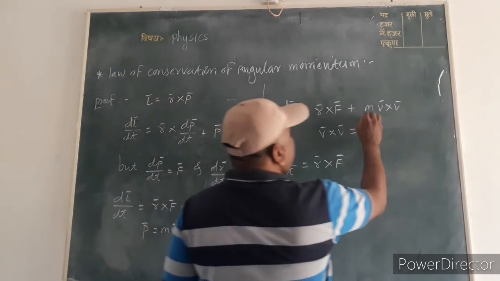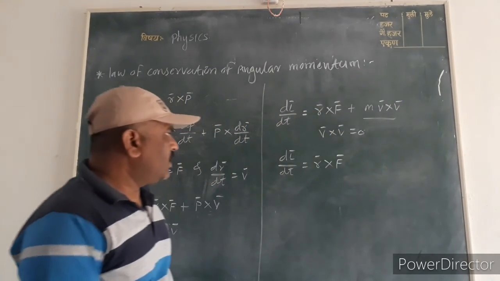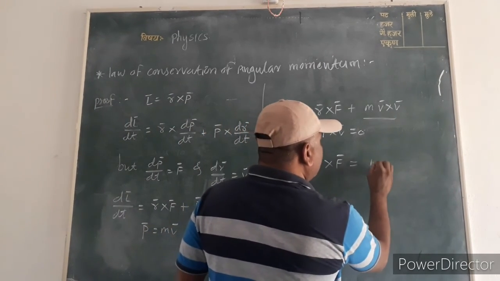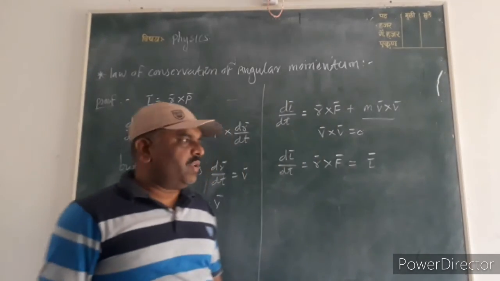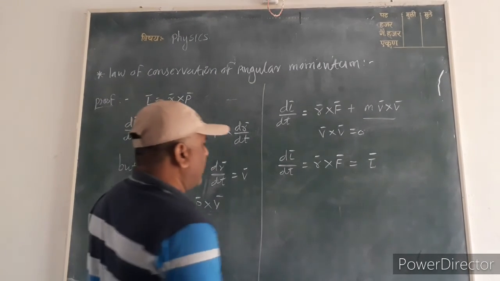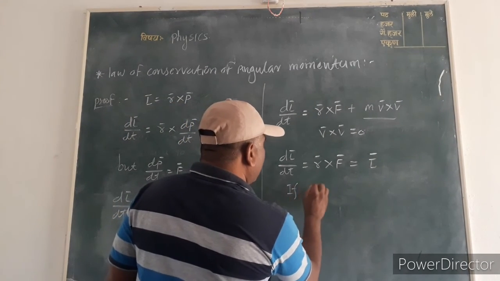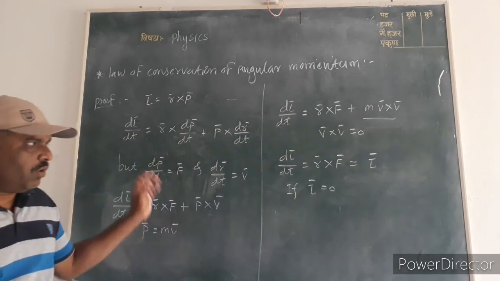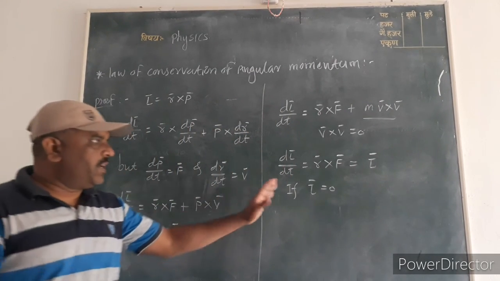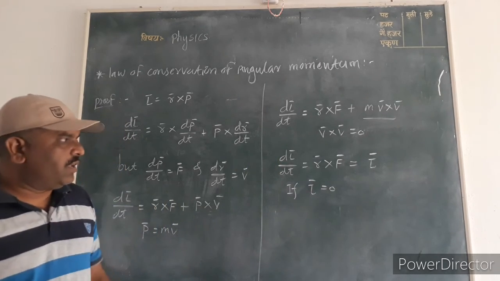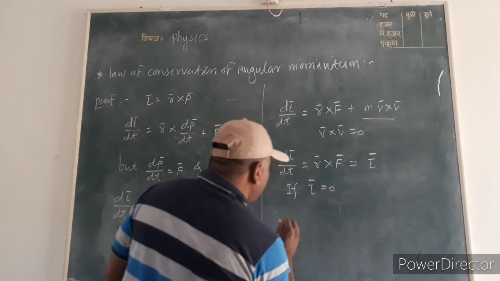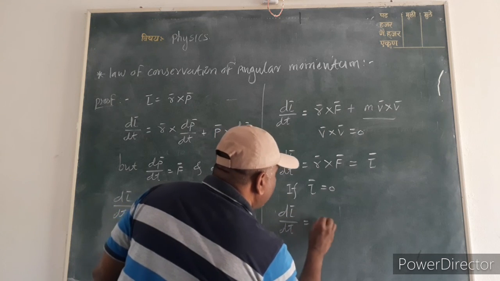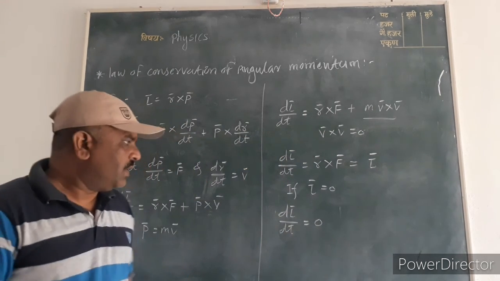But this r bar cross F bar is nothing but τ bar, the definition of torque. And according to the statement, if no external torque acts on the rigid body, then τ is equal to 0, so dL bar upon dt is equal to 0.